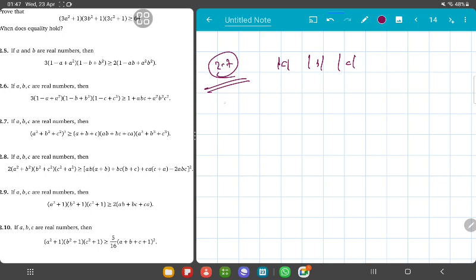So in order to prove the inequality, we can say p equals a plus b plus c, q equals ab plus bc plus ca.